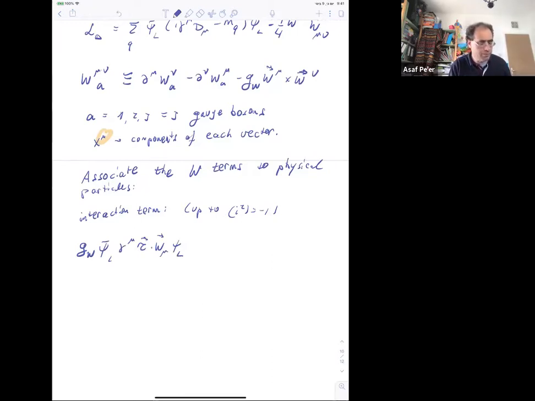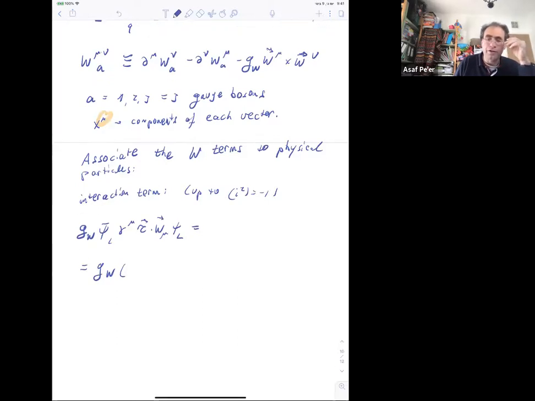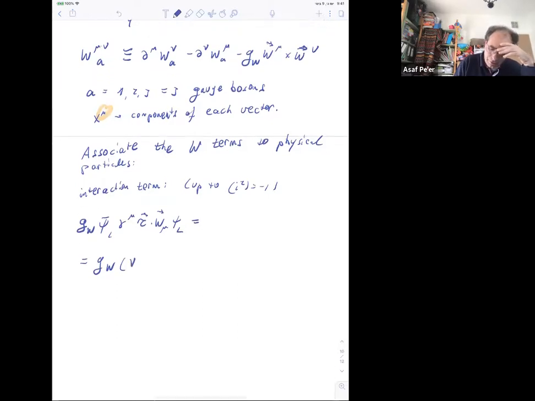Remember we had the J dot W. If you write it down, that's going to be g_W, and then ψ̄_L for the first generation, which is ν̄_e and ē minus, left.